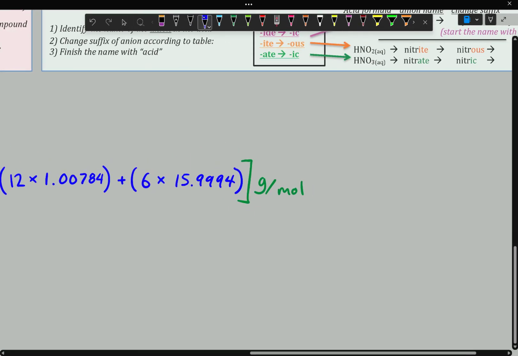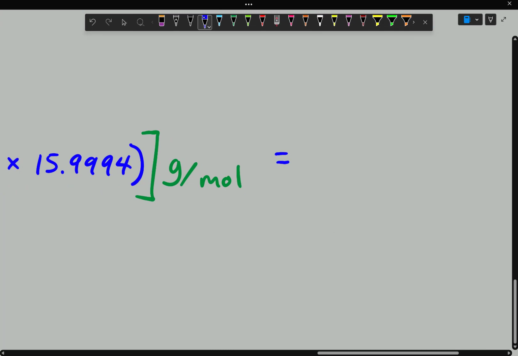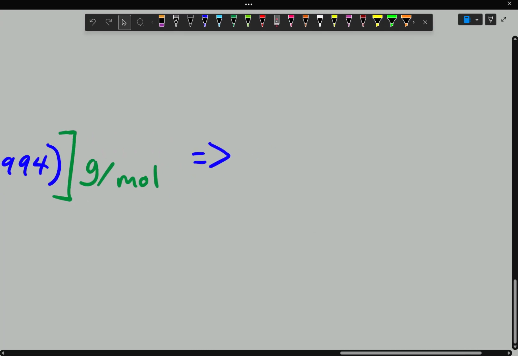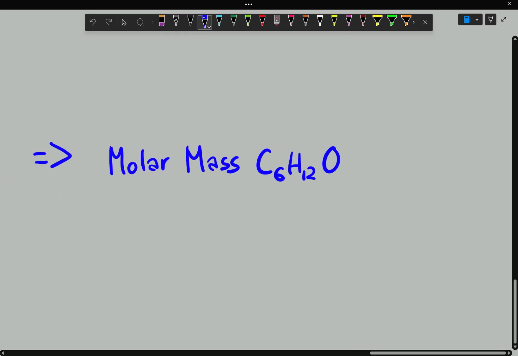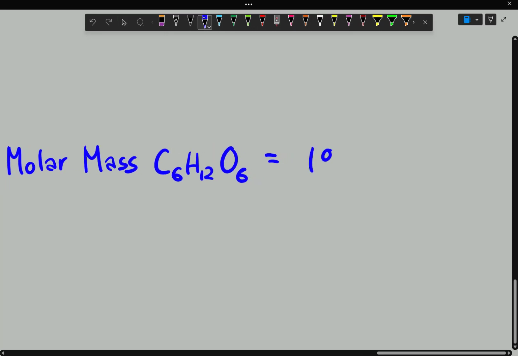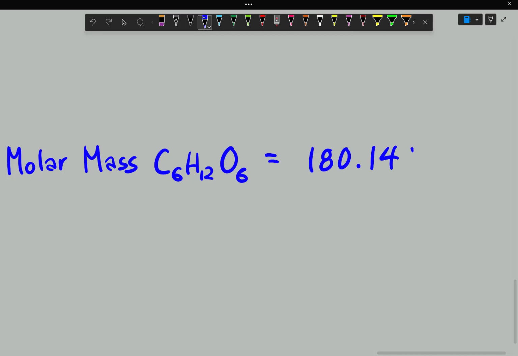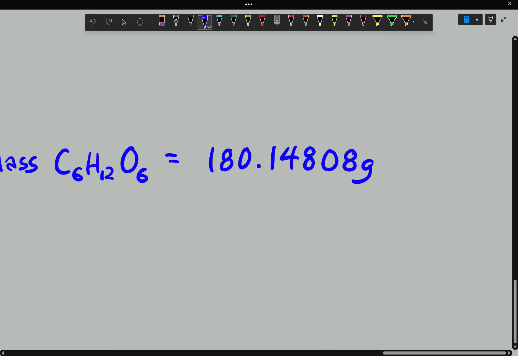So if you do the calculation for this, you find that the molar mass of C6H12O6 is equal to 180.14808 grams per mole.